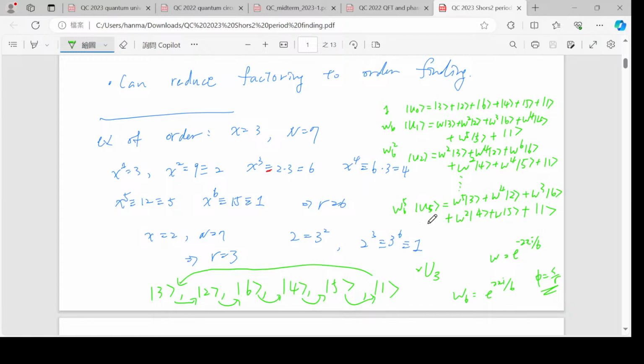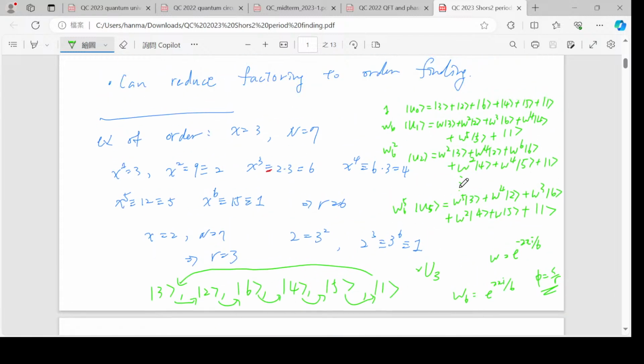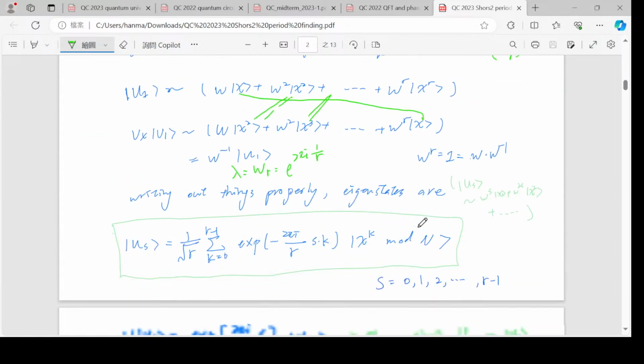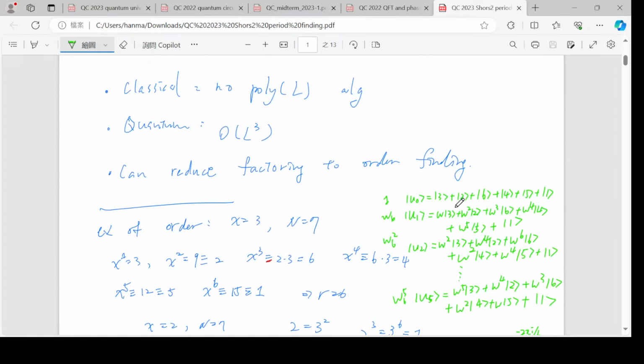You see s goes from 0 to R minus 1, and you have omega to some power. Written explicitly, it is e to the minus 2 pi i s k over R, where k is the number here. So k equals 1, 2, 3, 4, 5, 6.